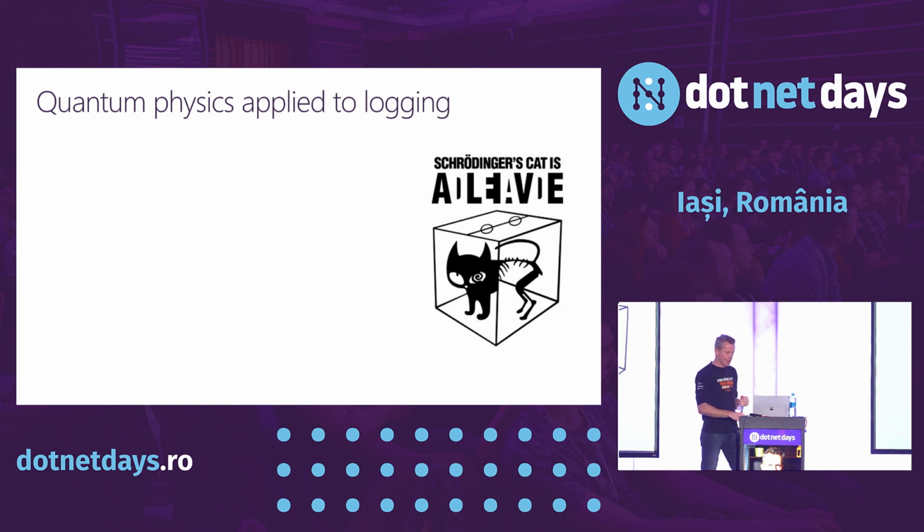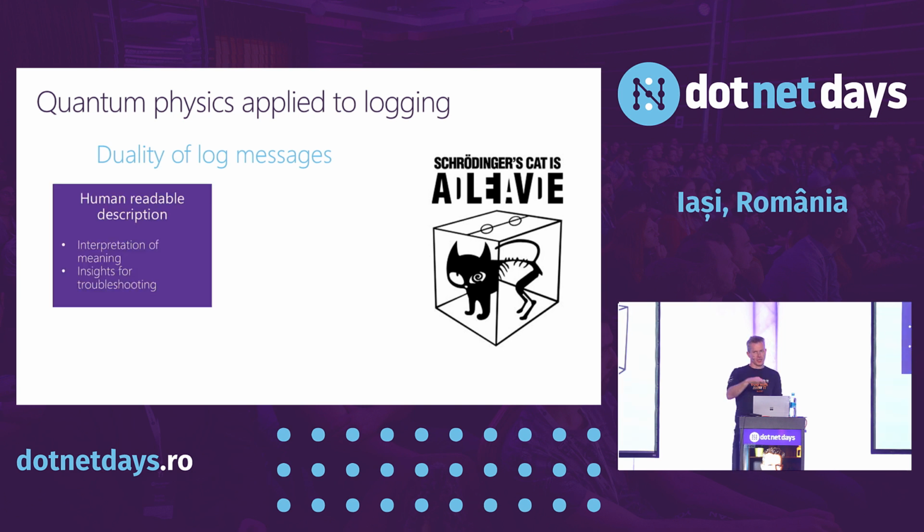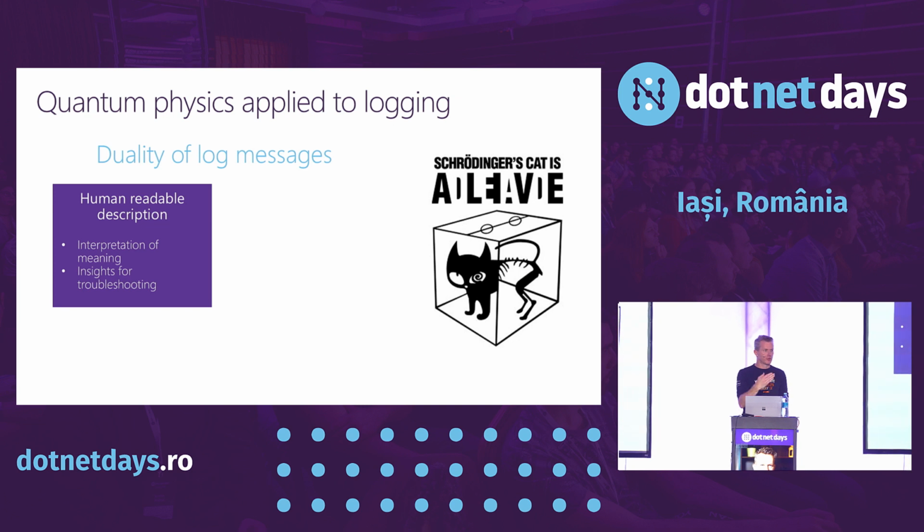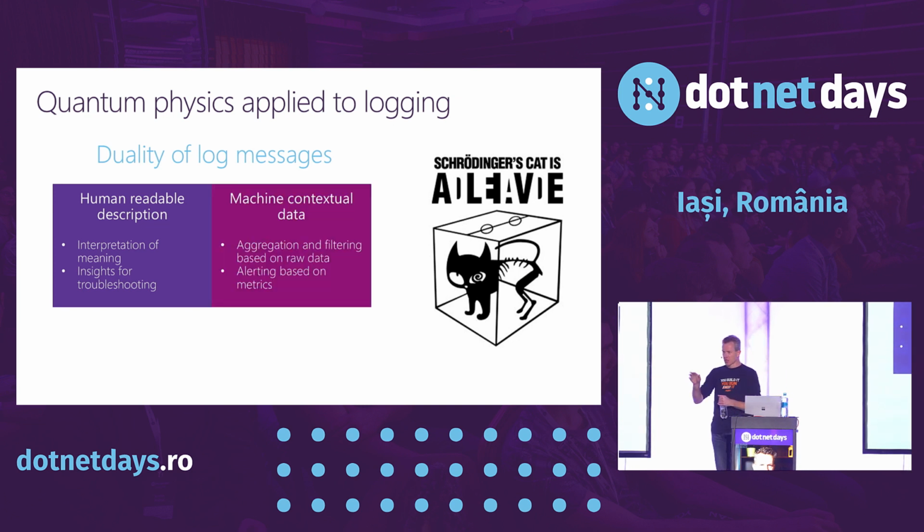And that kind of made me think, okay, so if we are doing log messages, sometimes you want to have the human readable description, which allows you to read it as text and then interpret it by its meaning, to give you understanding of what happened. But in other cases, you want to have contextual data that is machine written, so you can do queries or analysis on it. And then you want to know what is inside the text that's normally inside of your message.